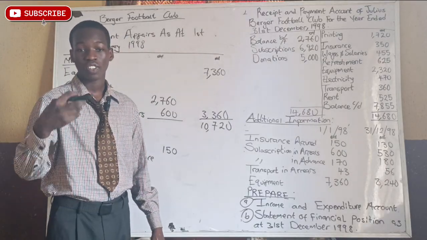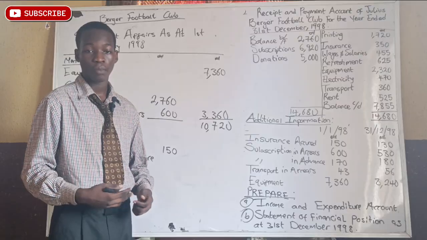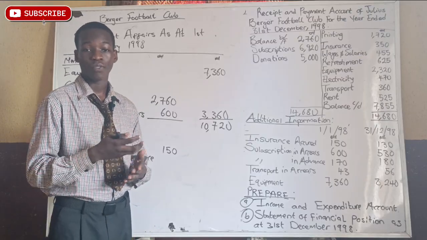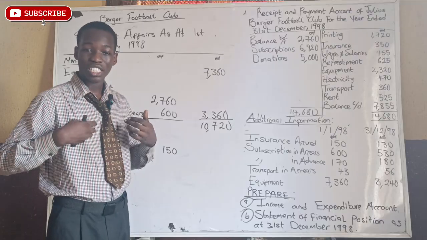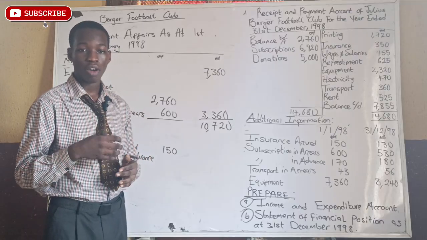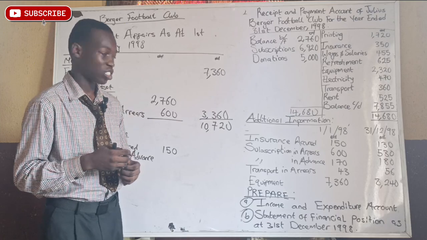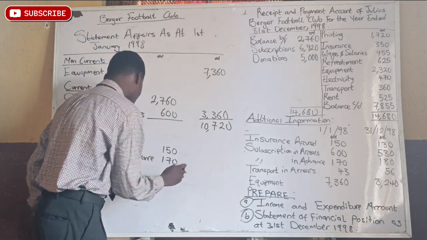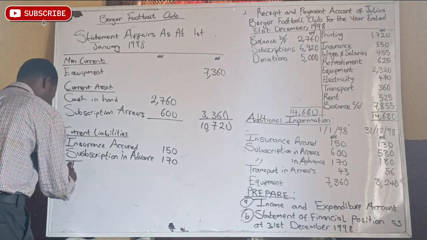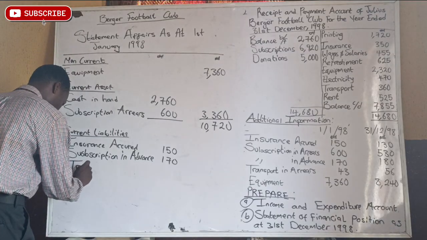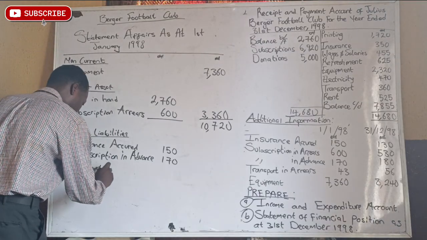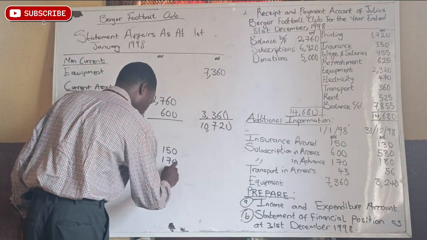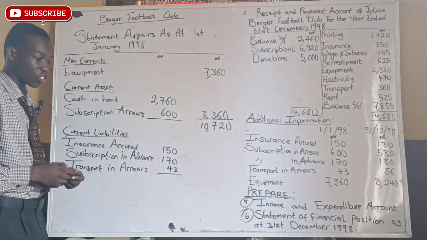Subscription for next year has been paid by one of the members during this current year, and they can demand that money at any time. So it is a liability to us because we have not yet offered the service. Do you get it now? So we have 170. Then transport in arrears, which is 43. It's the same explanation as that of insurance.